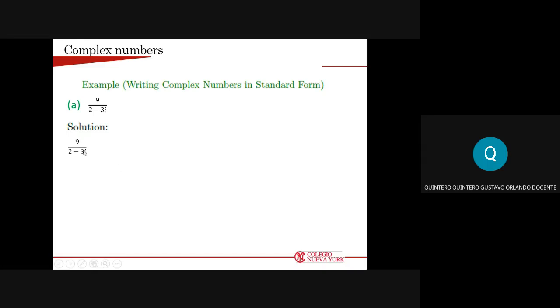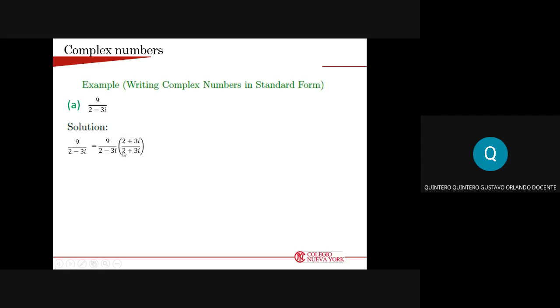Solution. Let's begin with the first one, and this can also be written as the same but multiplied by 1. Remember, this is a 1, right? 2 plus 3i over 2 plus 3i. This is the face of a 1. So we are multiplying by 1 here.